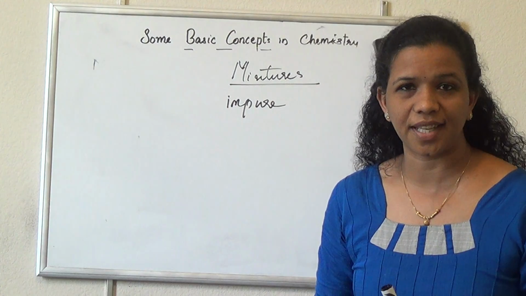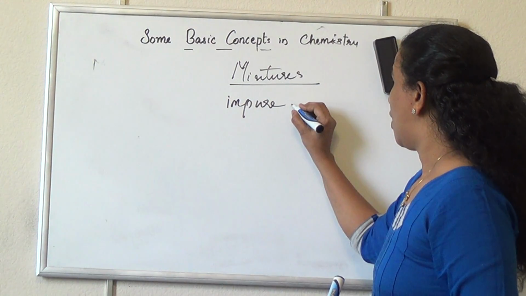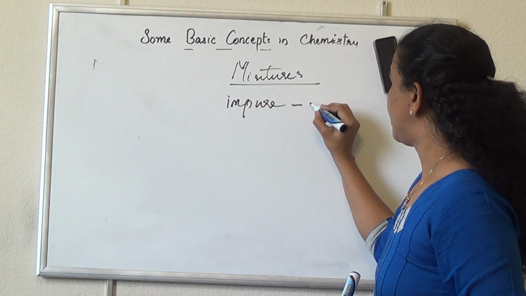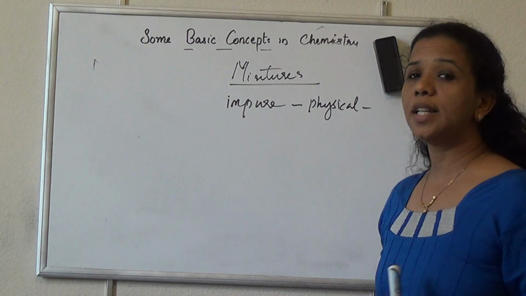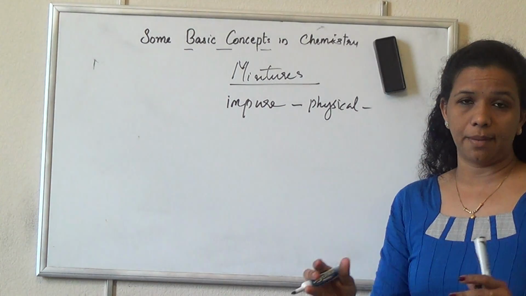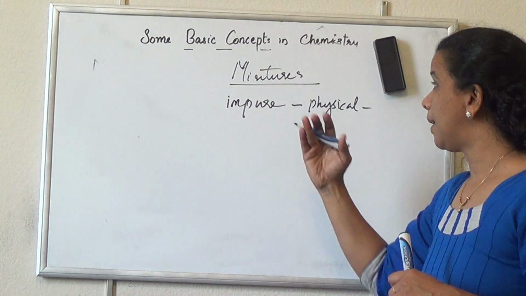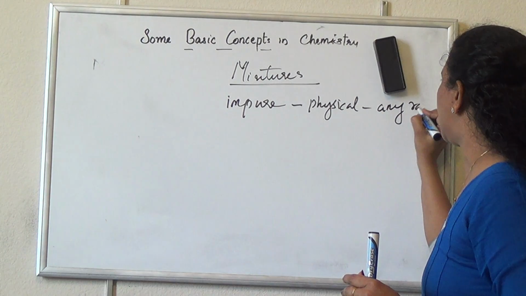That is called physical combination. We can separate by hand. Another thing, here the combination is physical combination. There is no such ratio. In compounds there is a fixed ratio of elements that are combined, but here there is no such ratio. They can combine in any ratio.